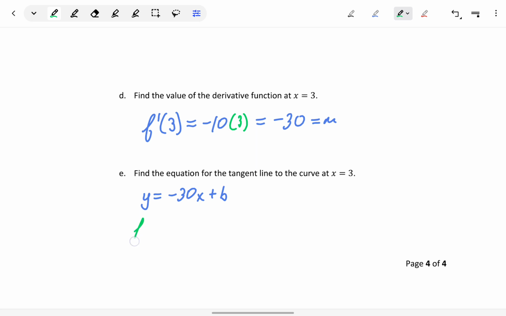So we need to go back to the original f of x function, not f prime of x, and evaluate that at x equals 3, which would end up giving us a value of negative 41, meaning the original function passes through the point 3, negative 41. So notice that we didn't use the derivative function here, we went back to the original function. Once we have that xy pair, we can substitute that into our equation.